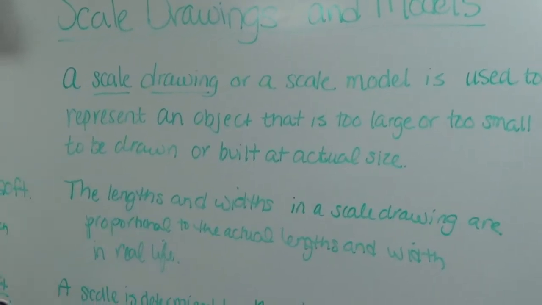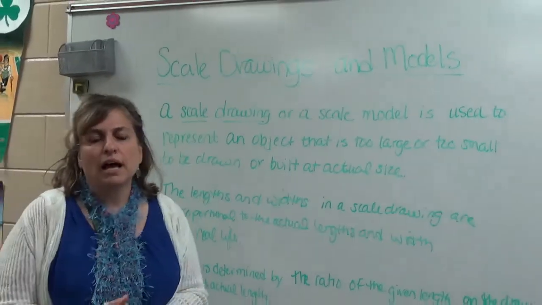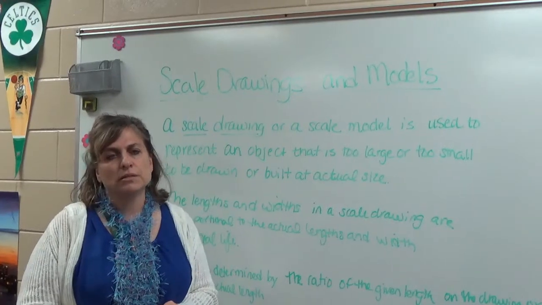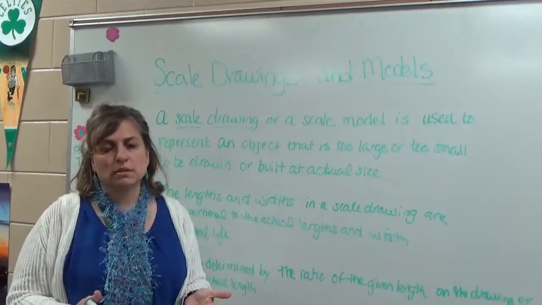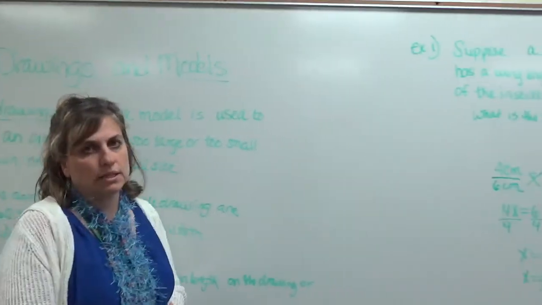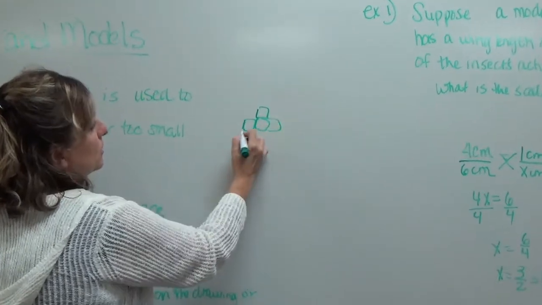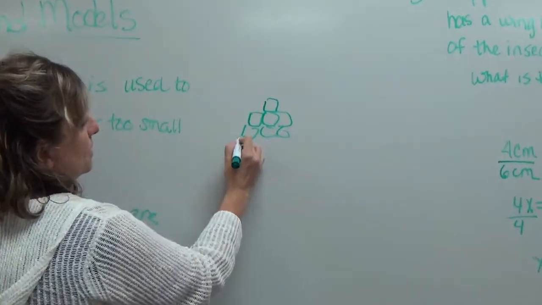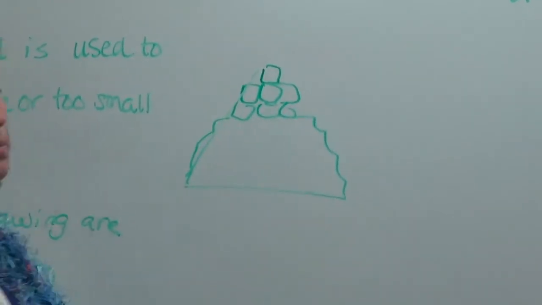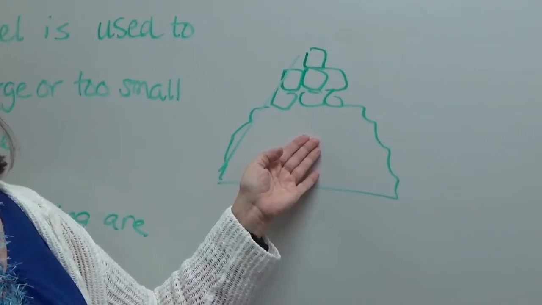I remember one time when I was in 4th or 5th grade, I had a project on Egypt, and we had to do pyramids. So I built a pyramid made out of sugar cubes, based on the Egyptian pyramids. It looked like this, and it went all the way down like this. That wasn't the actual size of an Egyptian pyramid.